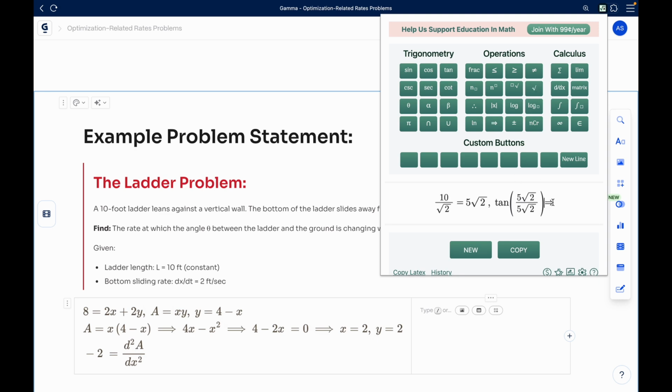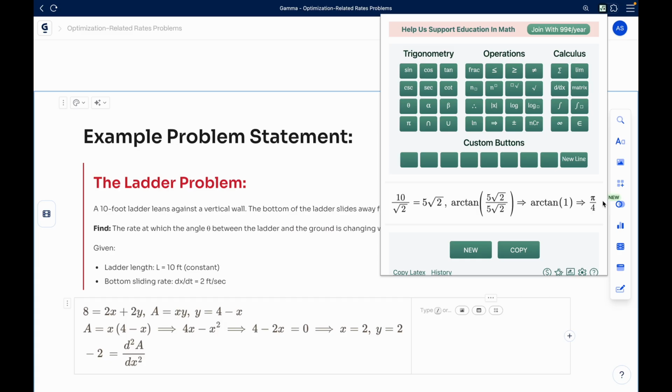So theta is equal to the arctangent of 1, and this becomes pi over 4 radians or 45 degrees. Either one will work. So this is the angle at that specific moment.